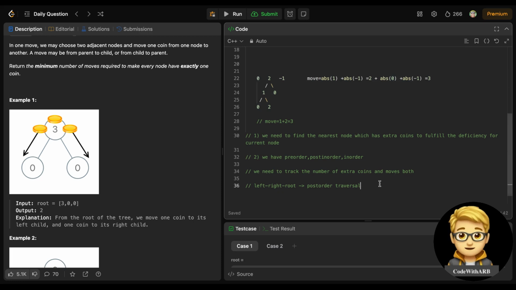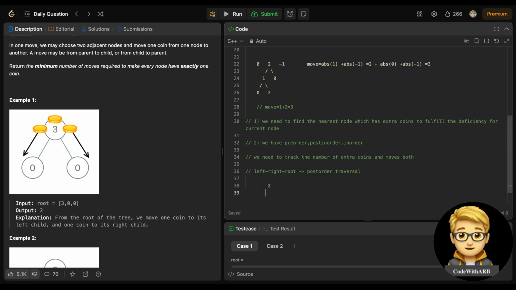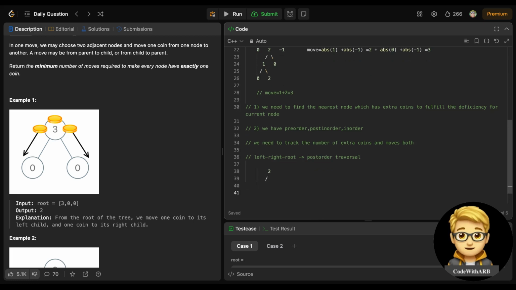So if I take any other example, suppose let's take 2, then this 0 or something. Let's take it as a bigger example, right?